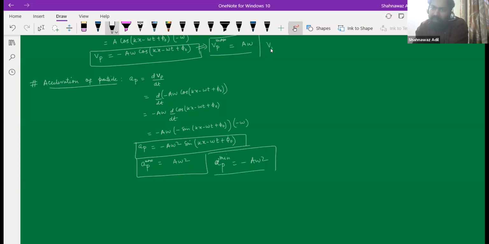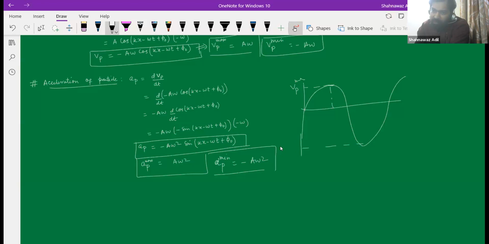Similarly, Vp minimum would be simply minus A omega, right? Because we know that it would be again a waveform, so whatever is maximum, let's say this is maximum, that same amount would be the minimum, only the negative sign would be there.